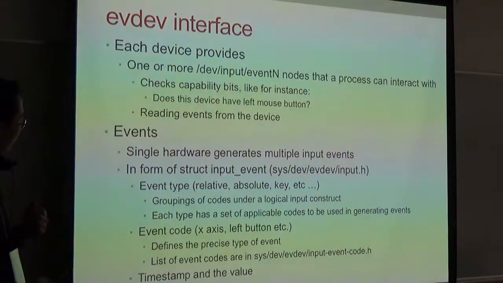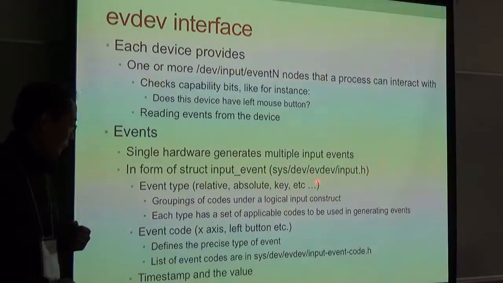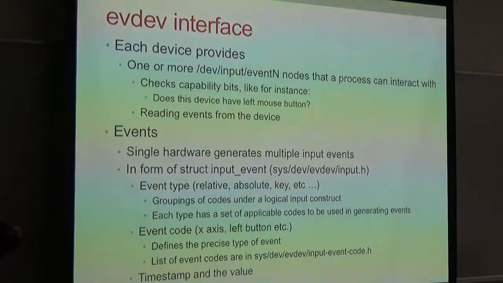So what are the events? A single hardware device generates multiple input events, and events are in the form of the structure input_event, whose location is input.h. It has the following fields.